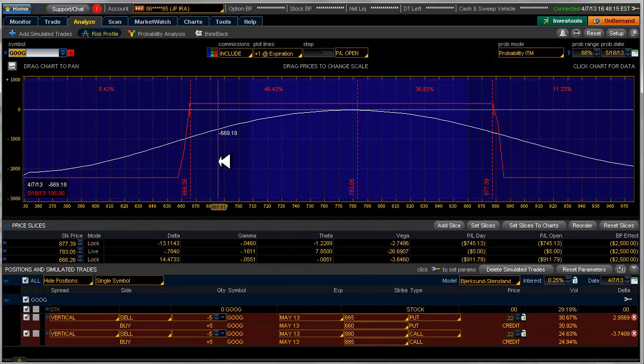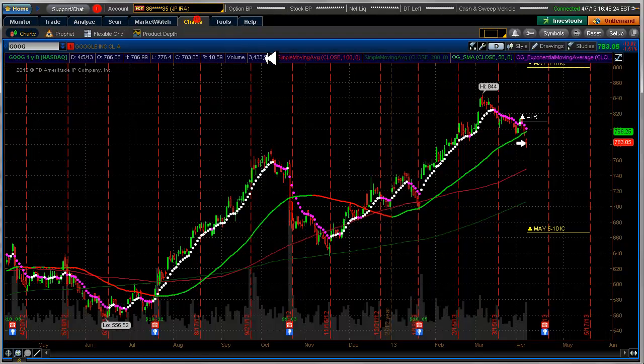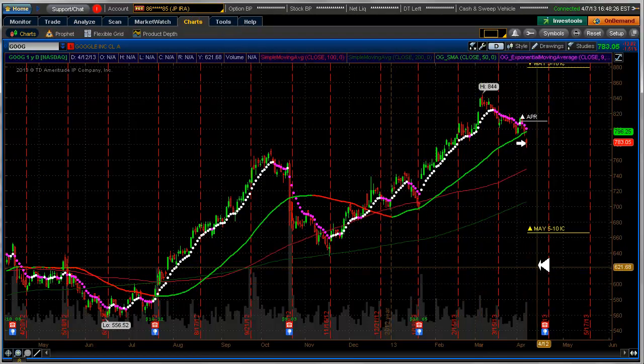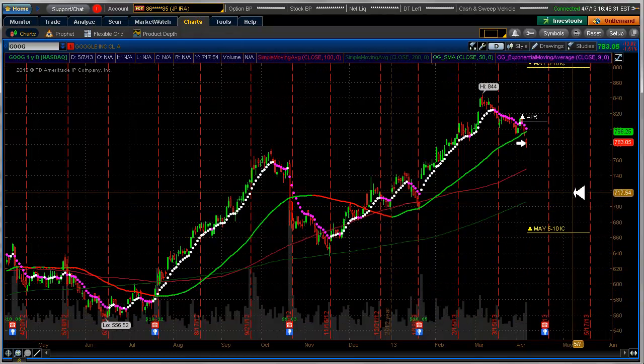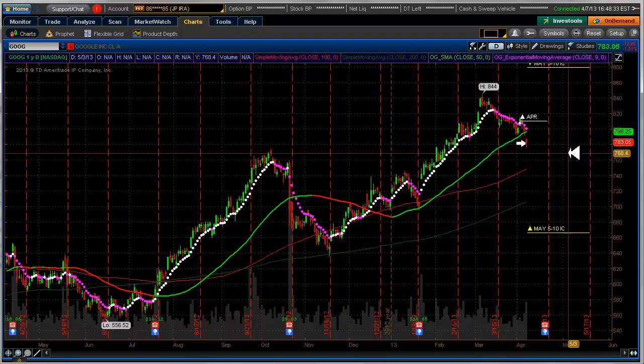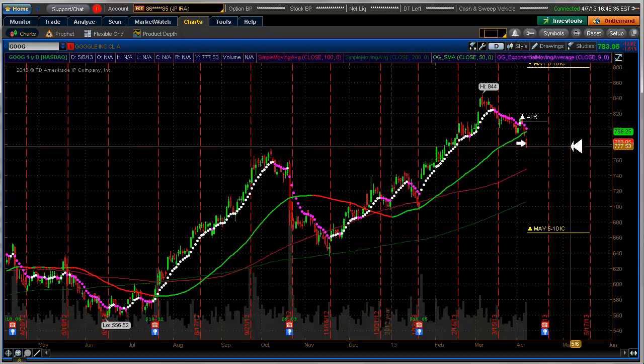Why is that? Well, let's take a look. I believe Google's earnings are in the April expiration and not in May expiration. So Amazon's implied volatility is a little bit high because of that.